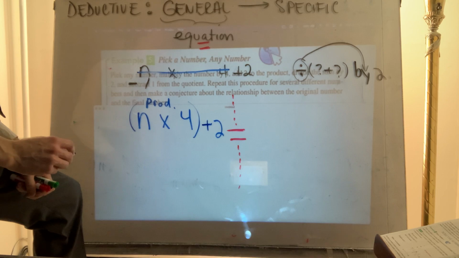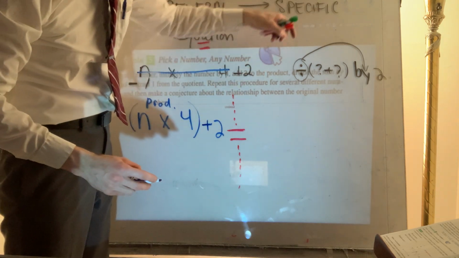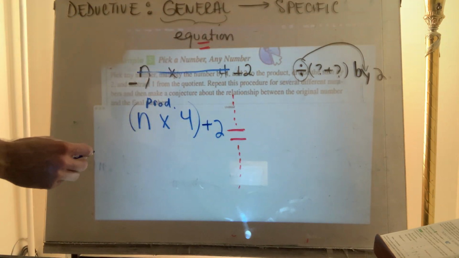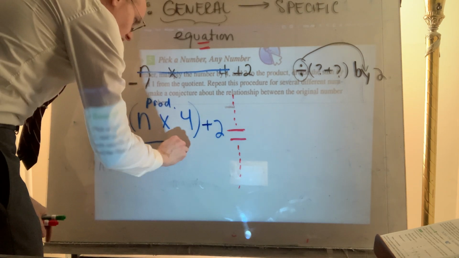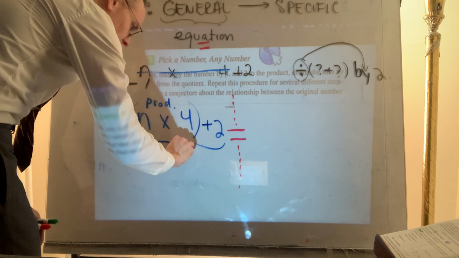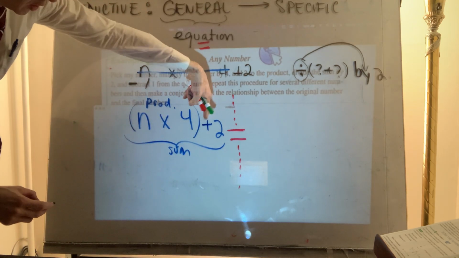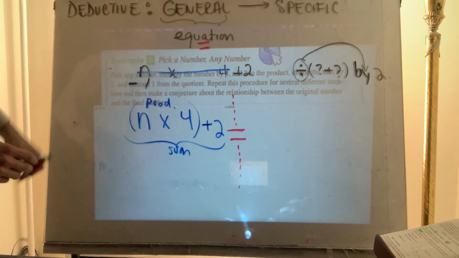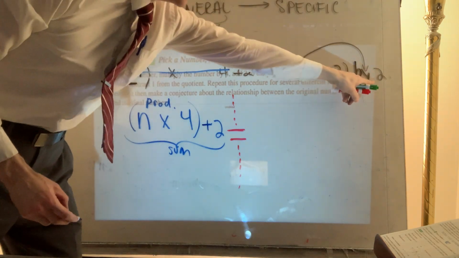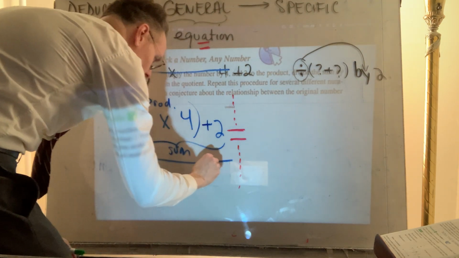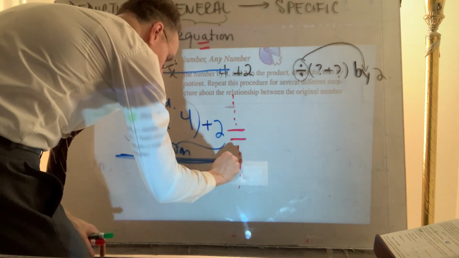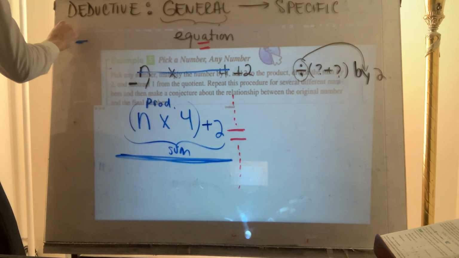Okay? Then it goes on to say that you would divide the sum, which would be, this entire thing would be a sum, because it's that product plus 2 is the sum. Divide it by the number 2. So I'm going to use this style of division rather than the traditional style of division.